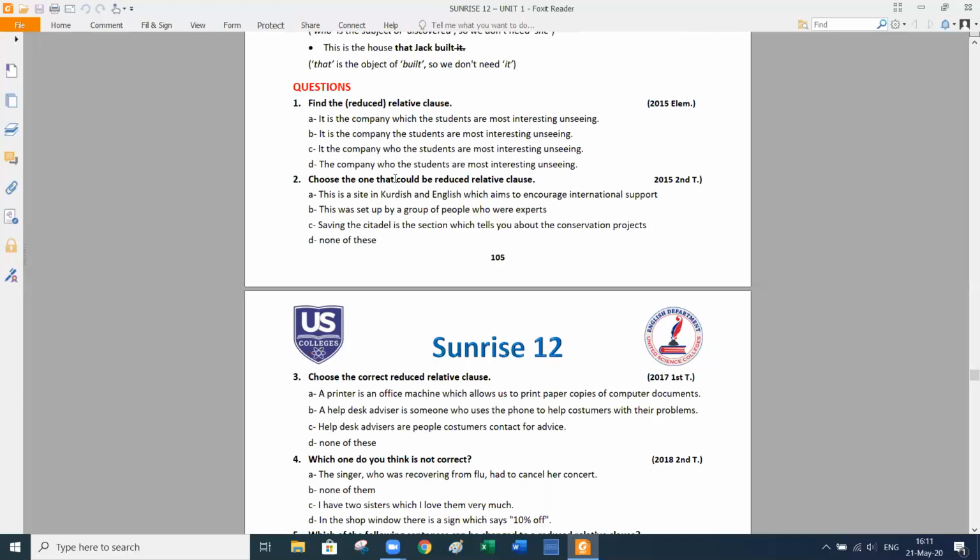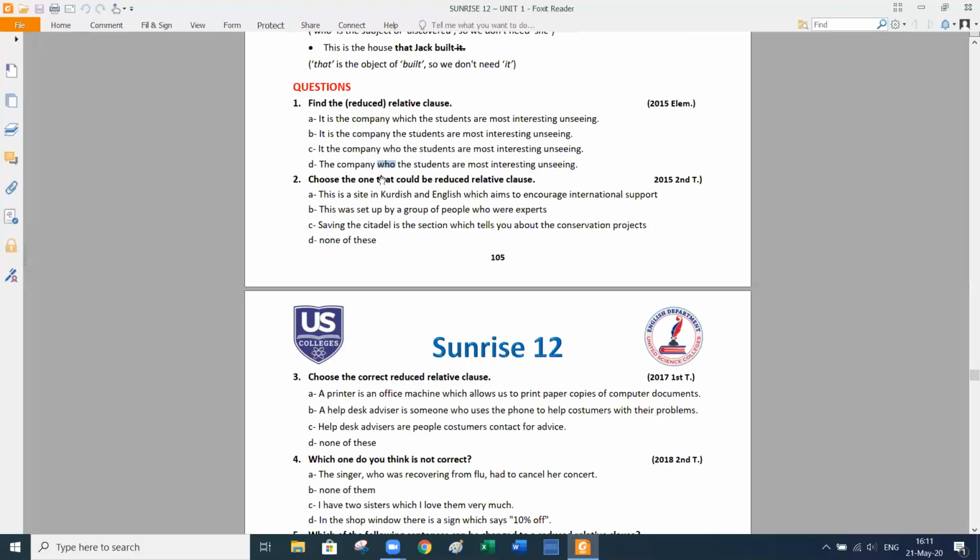And D says the company who the students are most interested in seeing. Again, there is who here. It's not removed. Anyway, the company who the students are most interested in seeing is not a complete sentence.